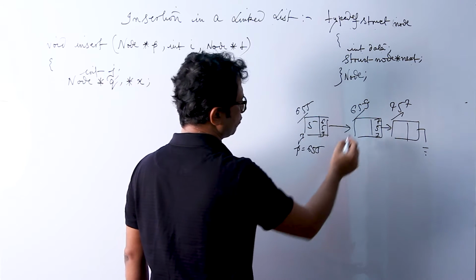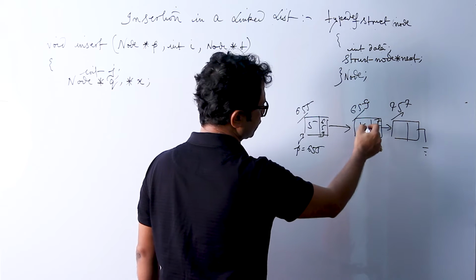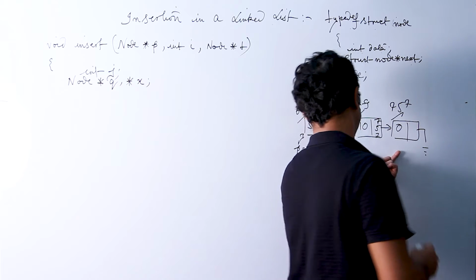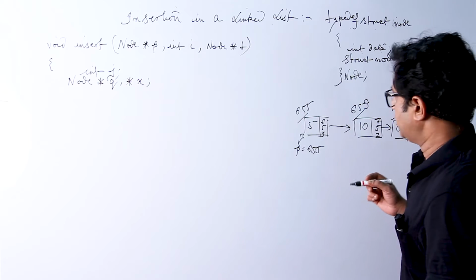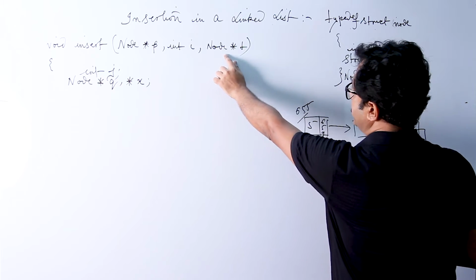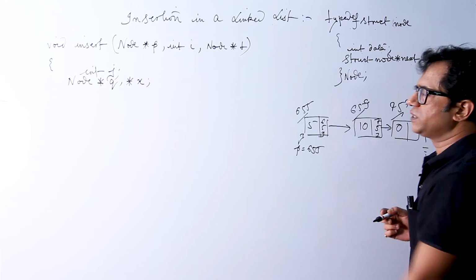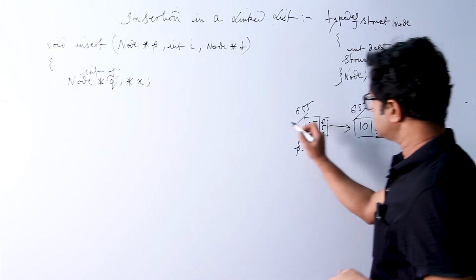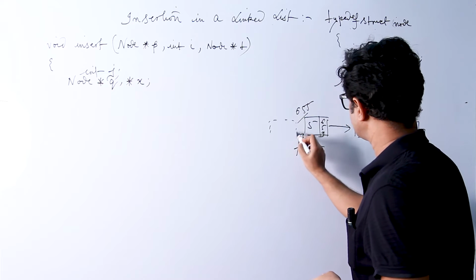Here there is data, which is 5, there can be 10, here can be 0 or something like that. So this is an existing singly linked list in which we want to insert the node at any position. Suppose the first case which we are going to deal with in this function is the insertion at the beginning, that is in this position.